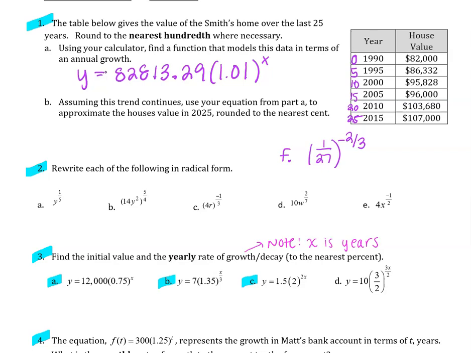That's my equation. Keep in mind this is an annual growth rate, so what this is saying is our house is growing 1% per year.